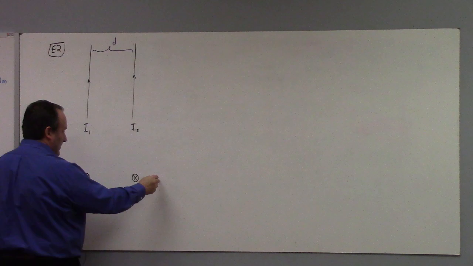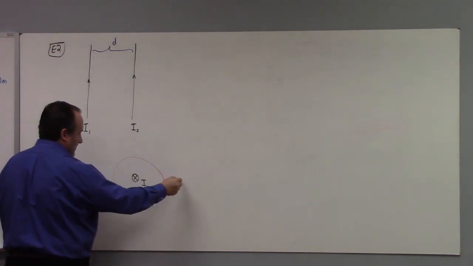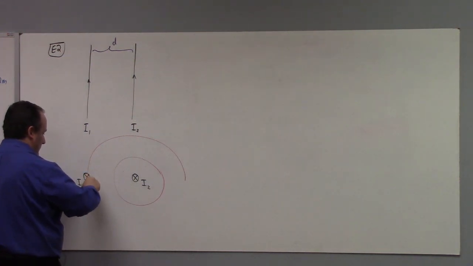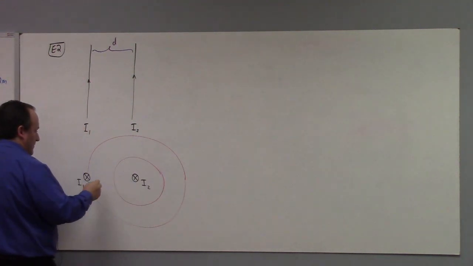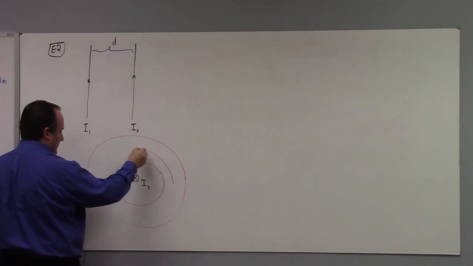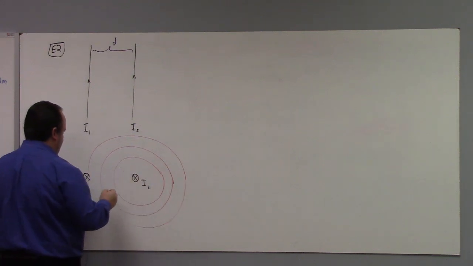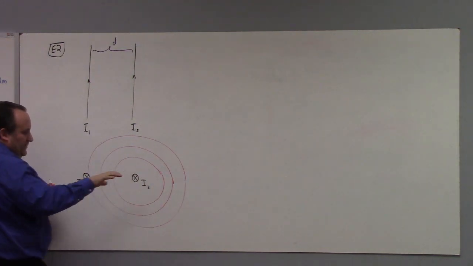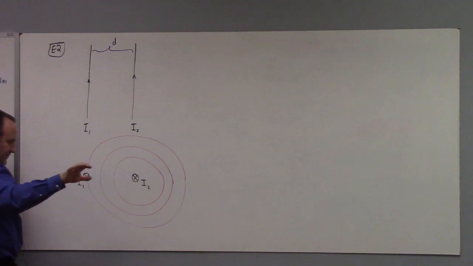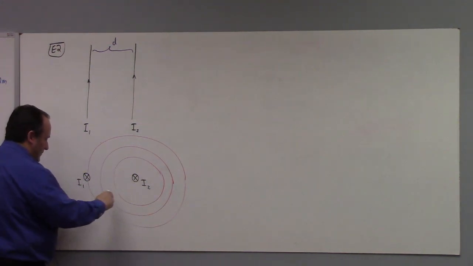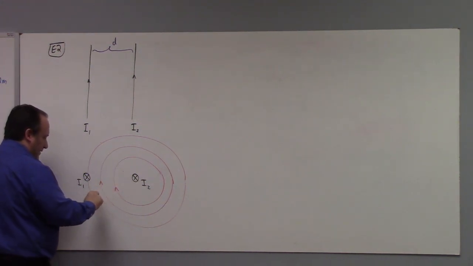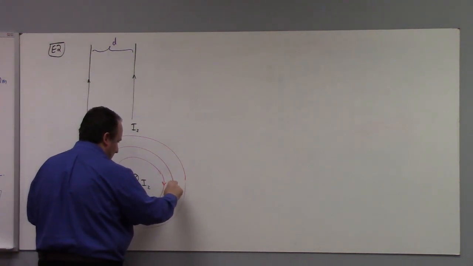So it goes like that. I probably shouldn't draw so many, but anyway. It's going into the board, so right-hand rule, wrap around: going up on this side, going down on that side.